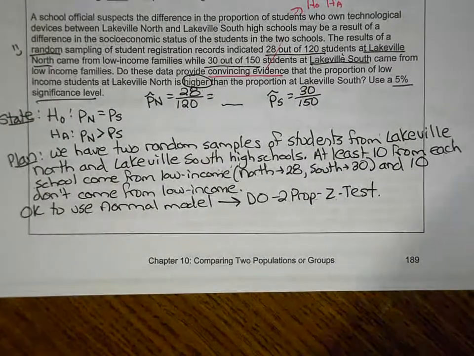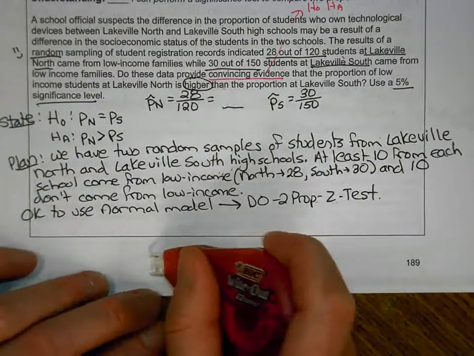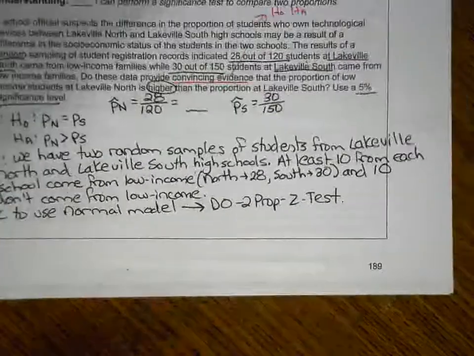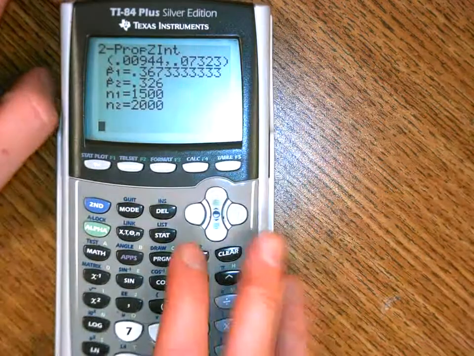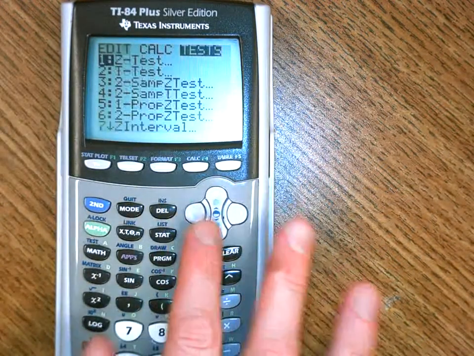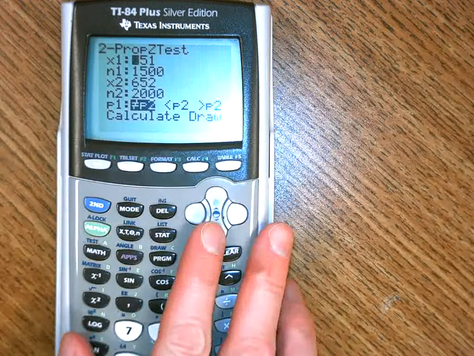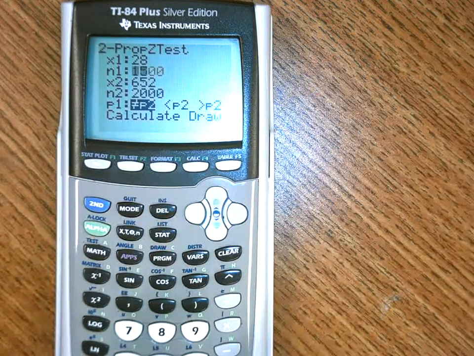I'm going to jump to the calculator and put in my info. Hit stat, go to test, 2-prop z-test is number 6. I have 28 out of 120.